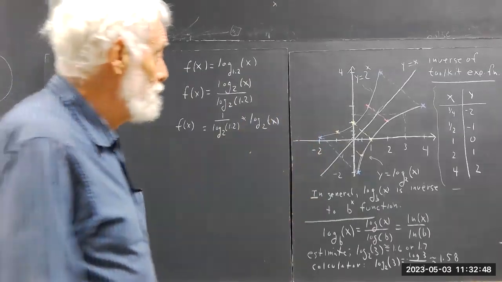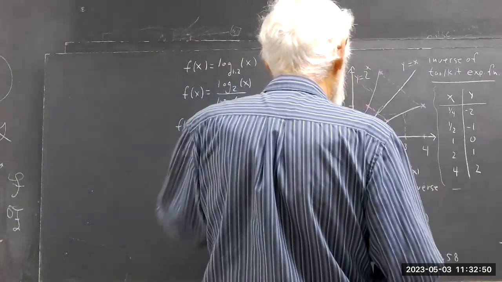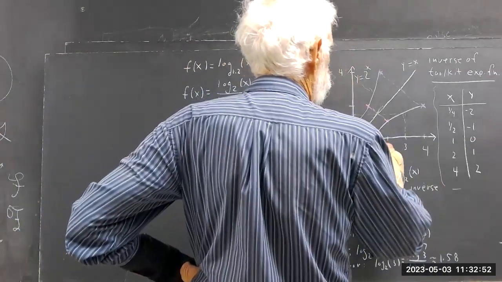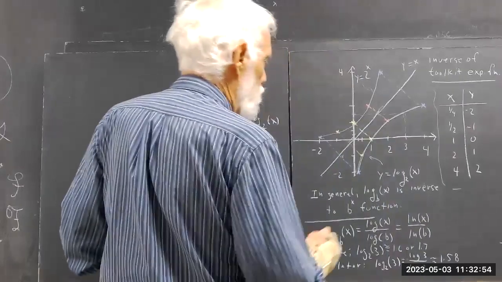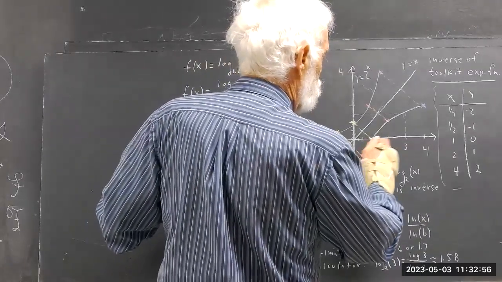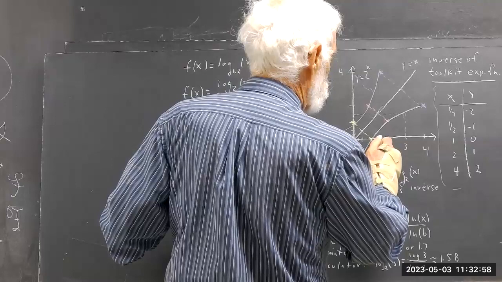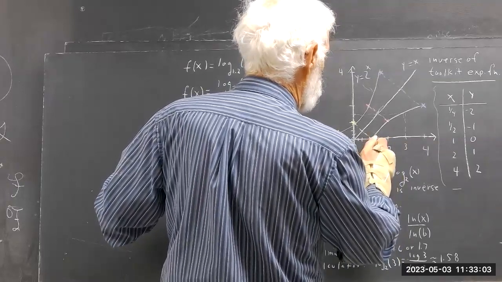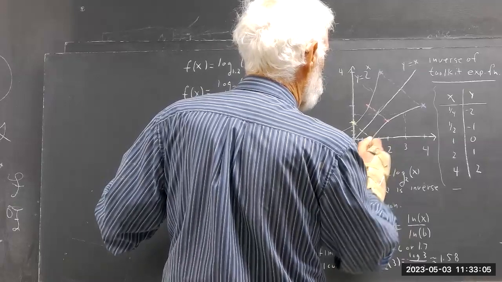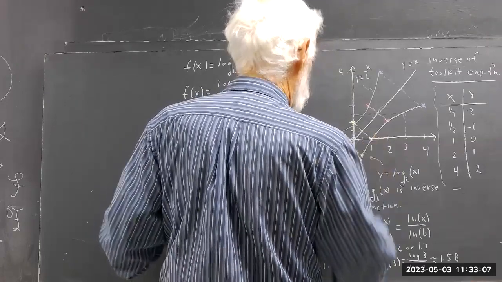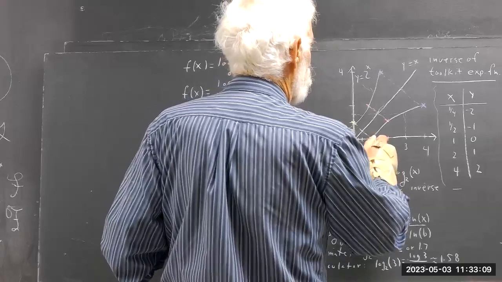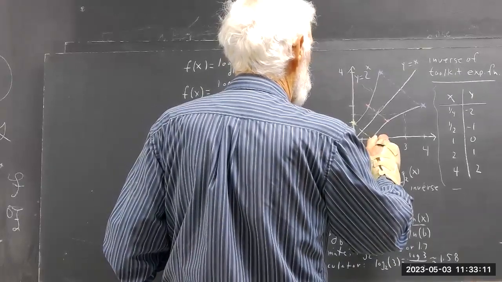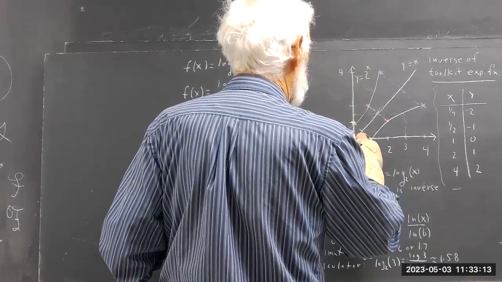But I'm going to estimate it just to the nearest tenth. Okay, this is 1 and this is 2, then 1.5 is about here. 1.25, but this in equal pieces. And 1.2 is maybe about here. So, I come up to the graph here, and I come over here.